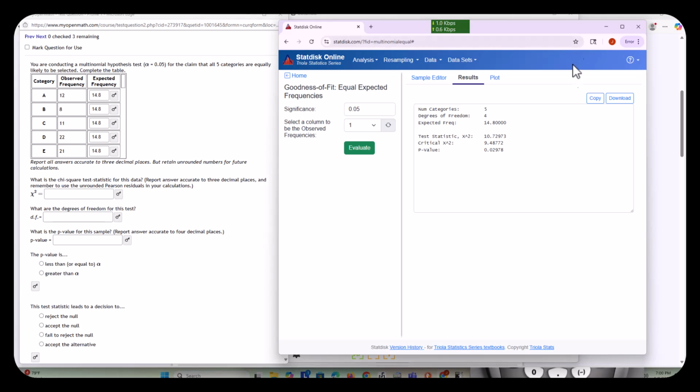If they're equal, we'll have to do the one observed column versus the second one that's going to be equal.